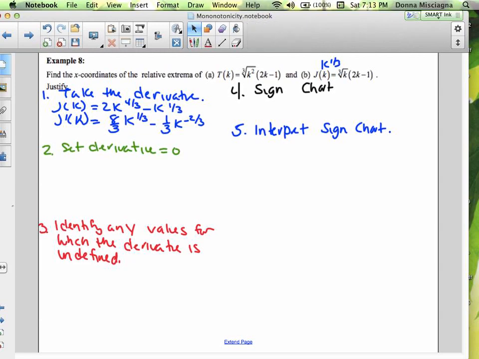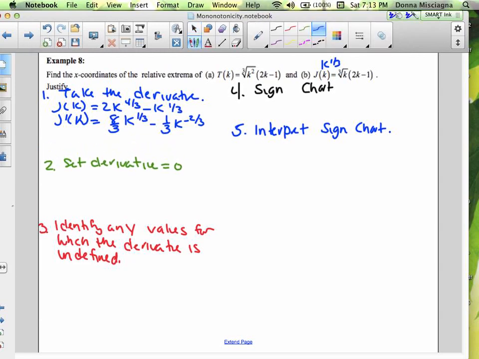We should simplify. J prime of k equals 8/3 k to the 1/3 minus 1/3, and k is in the denominator there, 2/3.